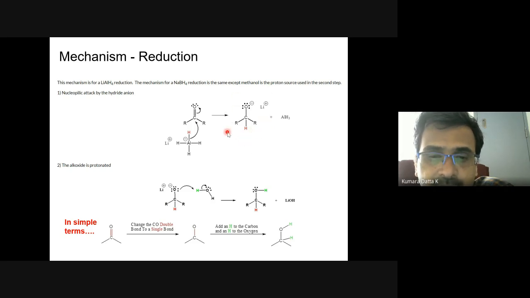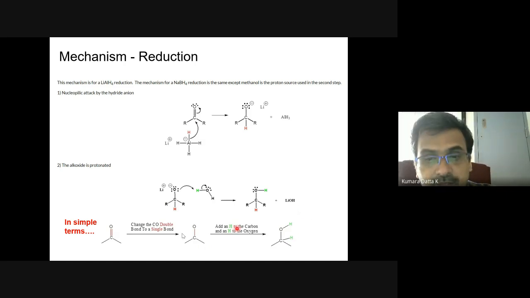It is in ionic form. So what happens? The alkoxide ion is protonated because you are also using water. The water provides H+ so that it forms the alcohol and the lithium by-products. In simple terminology, if you want to convert a ketone or any carbonyl compound, you make the double bond into a single bond and add hydrogen across the oxygen and carbon.